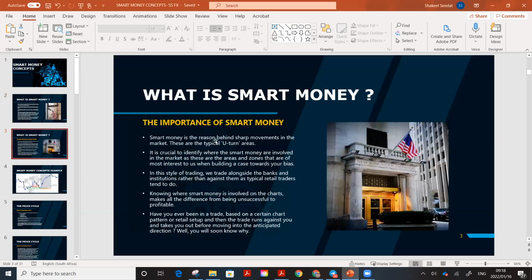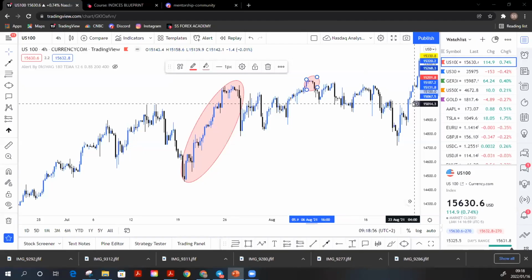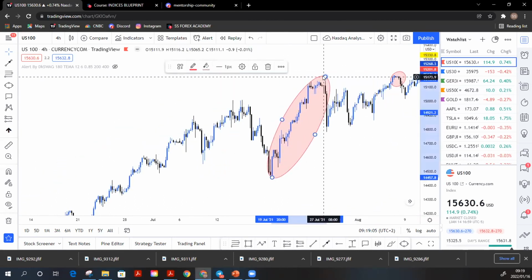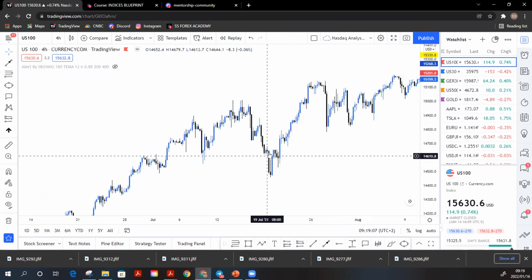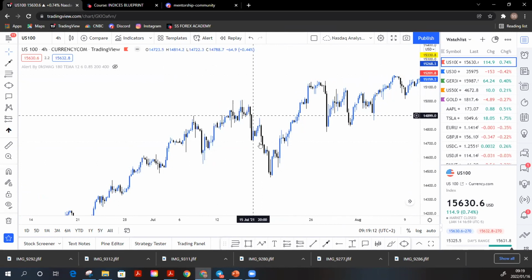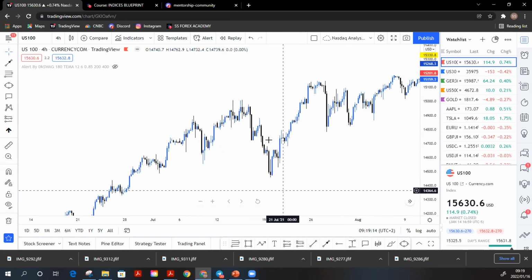So on the next slide, smart money is the reason behind sharp movements in the market. These are typical U-turns in the market, right? So these are areas where price tends to U-turn. If we're looking at this chart now, you can see, for example, areas like these where you can see aggressive movement. So we had aggressive selling happening in this direction, right?